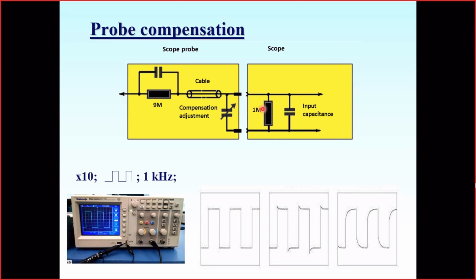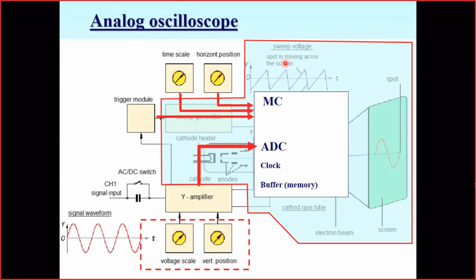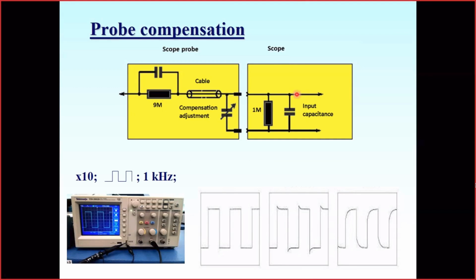Because all the scopes, any standard scope, whether digital or analog, and this is quite important, so probably make note of this: the input of the scope has a certain internal input resistance and input capacitance. All the scopes now on the market are designed to provide an input resistance equal to 1 megaohm, and the input capacitance is usually either 22 picofarad or 47 picofarad.